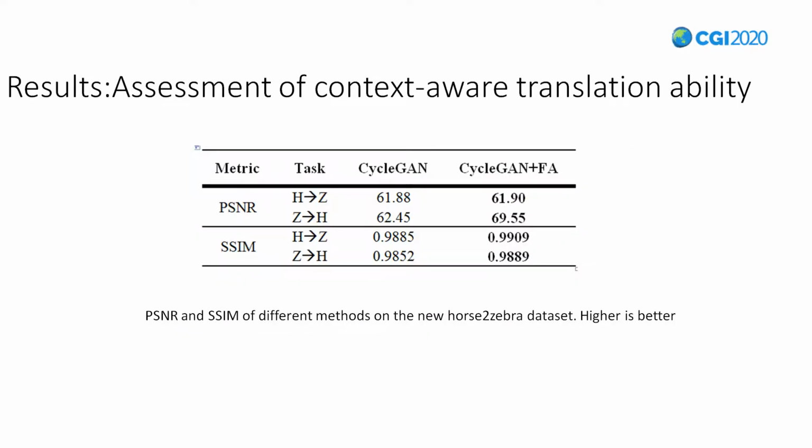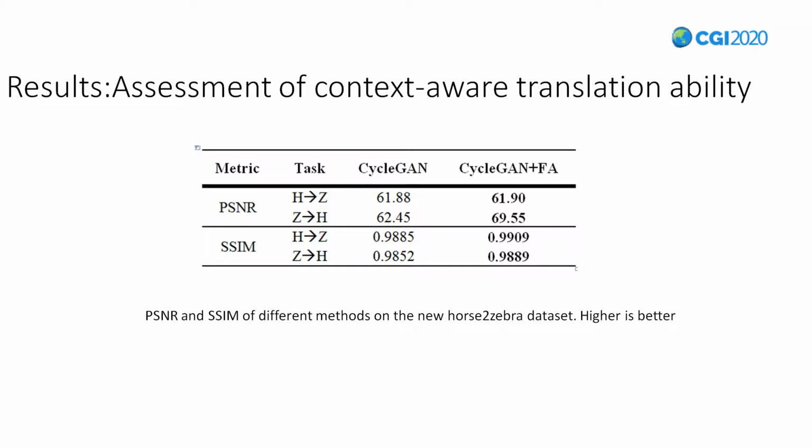In order to further assess the context-aware translation ability, for instance, the ability of object transformation and background preservation, two metrics, SSIM and PSNR, between the generated image background and the original image background are introduced.